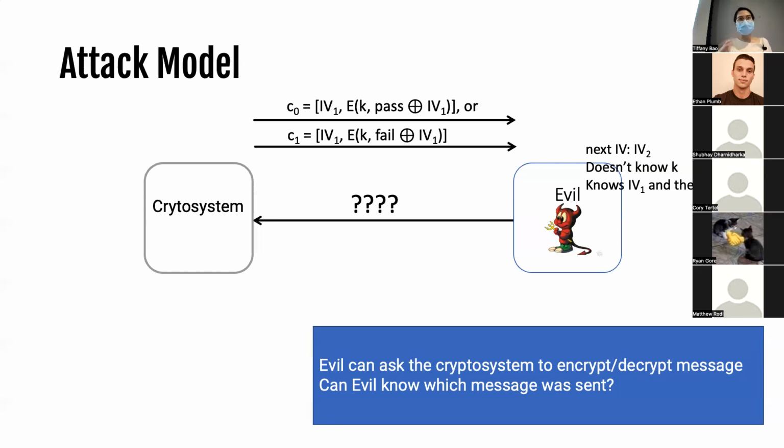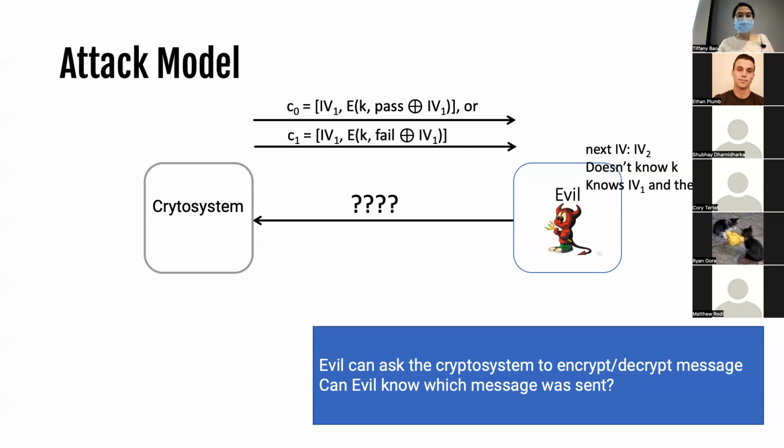It could be either pass or fail. By the time I send this message out to the student, I need to let the student know about this initial vector, because the student needs it to decrypt the message, right? And I will also give the student the encrypted message of whether the student passed or failed the exam.